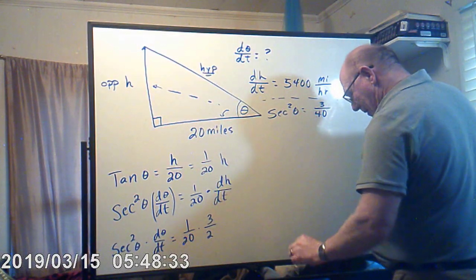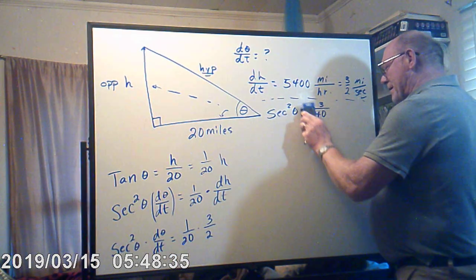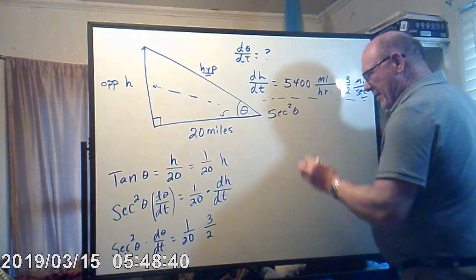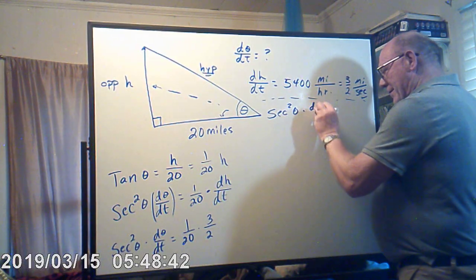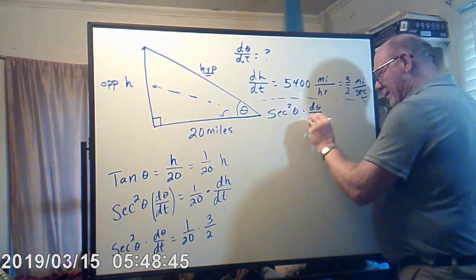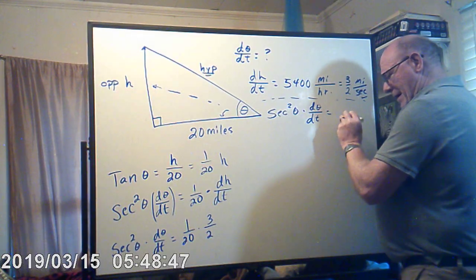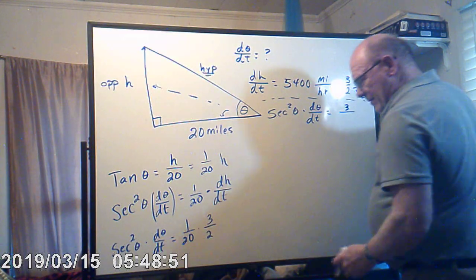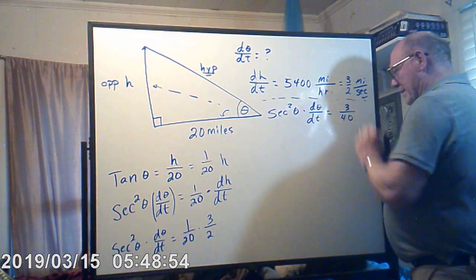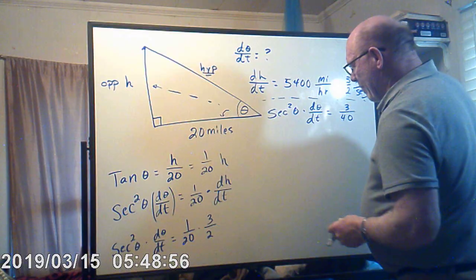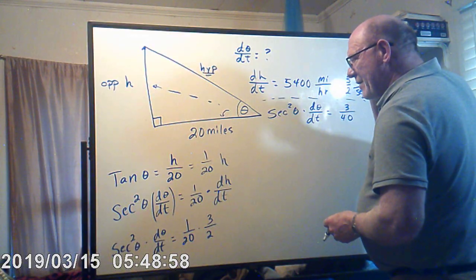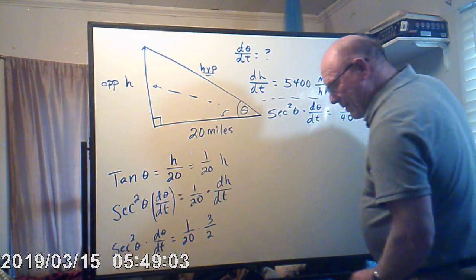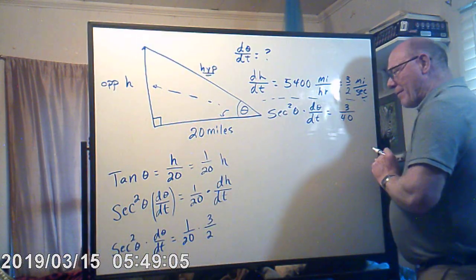Oh, I left off something very important: d theta over dt. We can't leave that out. Now it is equal to 3 over 40. Now, let me explain something to you here. We may have to erase some of this as well, but at least we got it down to here.